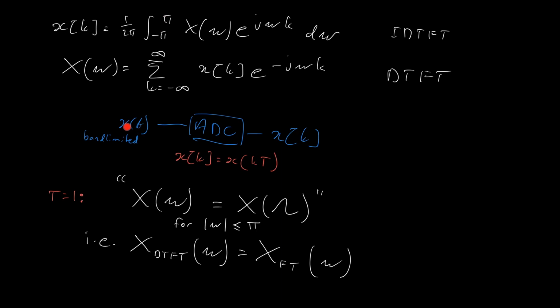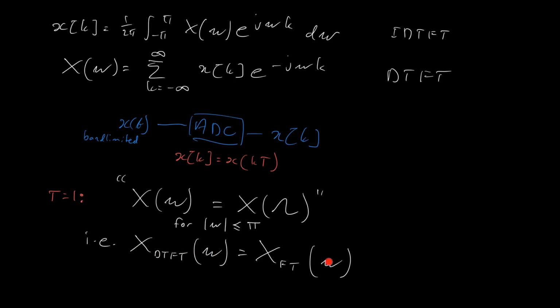On the other hand, if we sample x of t at a faster rate, we are getting more samples per second, we are getting more information about x of t, so we expect that we don't require x of t to be as band limited as if we sampled with T equal to 1. In the T equals 1 case, we have little omega equals big omega, so to speak.